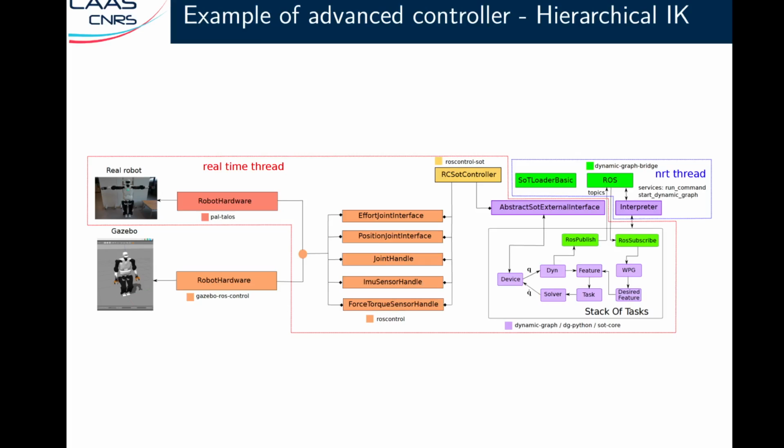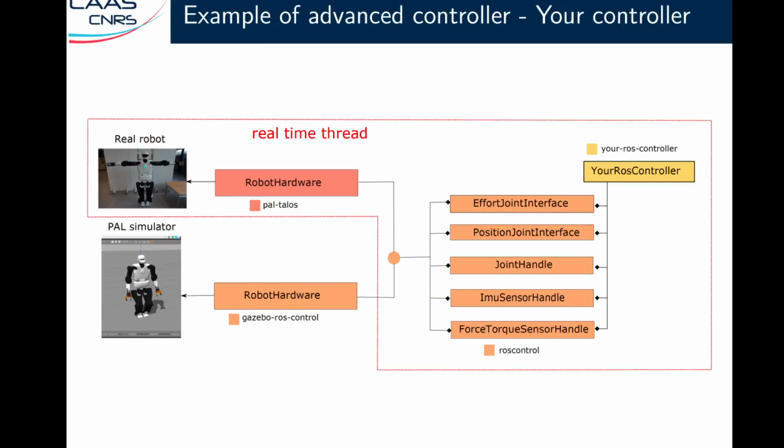The same way, we have another controller called TSID using weighted QP, but it is independent thanks to the ROS control subcontroller, which is making the propagation of the control computed by the architecture to the ROS control system. You can build your own controller this way, which can be run either on the real robot or the PAL simulator or Gazebo.